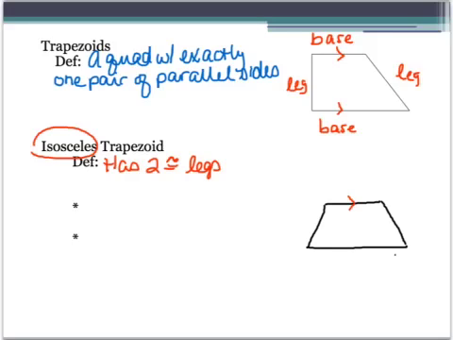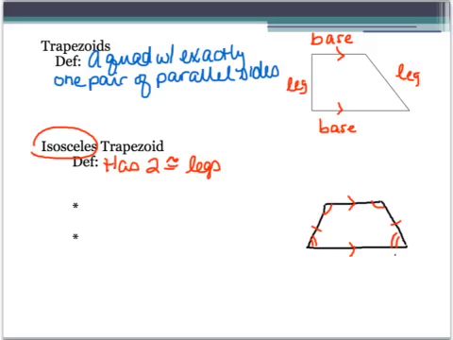Okay, so over here, these are our bases, and those are our congruent legs. And in an isosceles trapezoid, you also have angles that have special properties. So, for instance, your two top base angles are the same measure, and your two bottom base angles are the same measure.